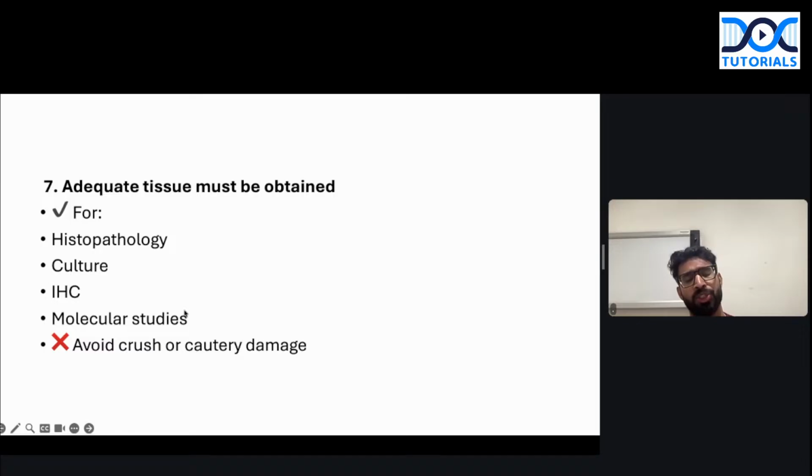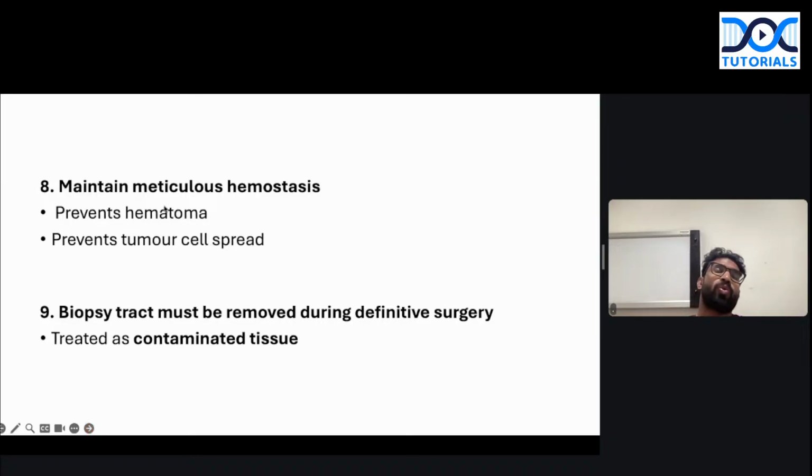Try to avoid crush or cautery damage whenever you take a biopsy. If it is bleeding, one has to be very meticulous and achieve adequate hemostasis in order to prevent hematoma. It prevents tumor cell spread.